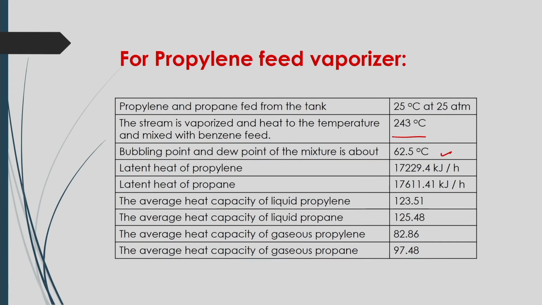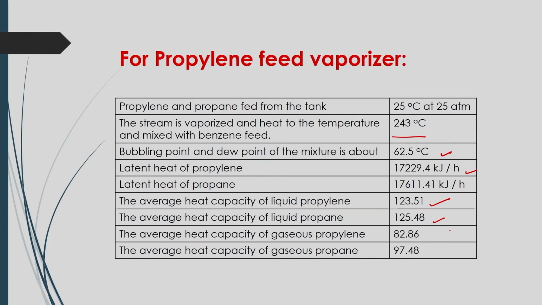The latent heat of propylene is given as 17,229.4 kilojoule per hour, and the latent heat of propane is 17,611.41 kilojoule per hour. The average heat capacity of liquid propylene is 123.51, and of liquid propane is 125.48.